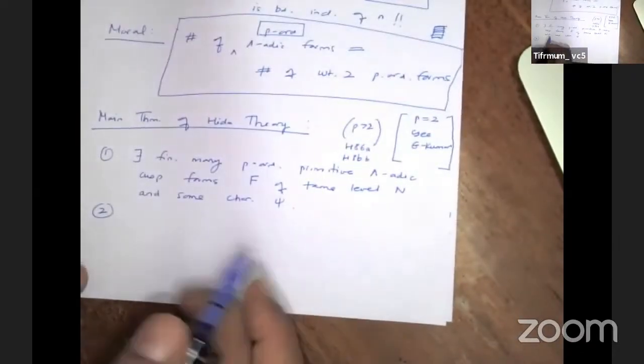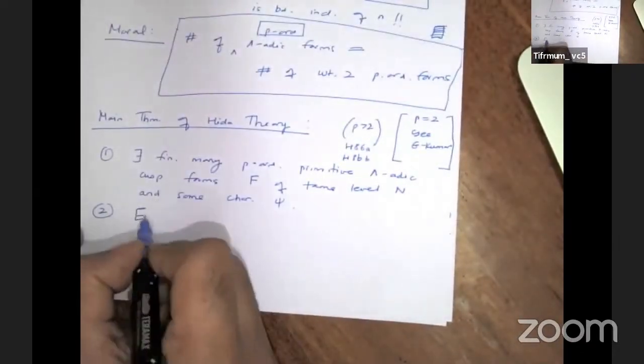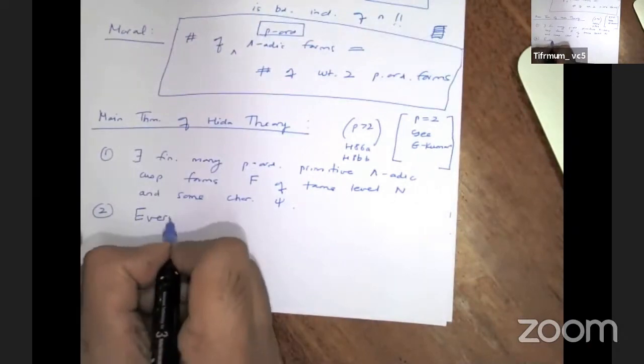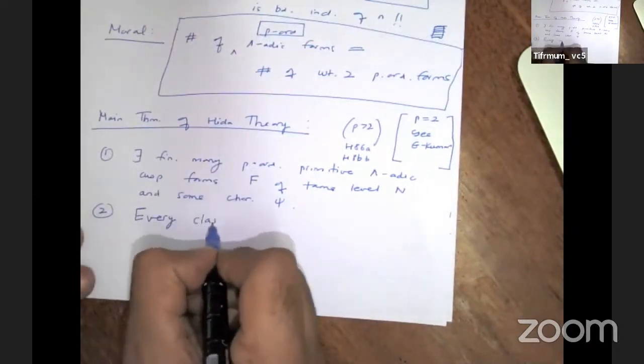now this is the part that I haven't proved in this lecture or even sketched the proof of, but they're very clean statements. Every classical form lives in a family.